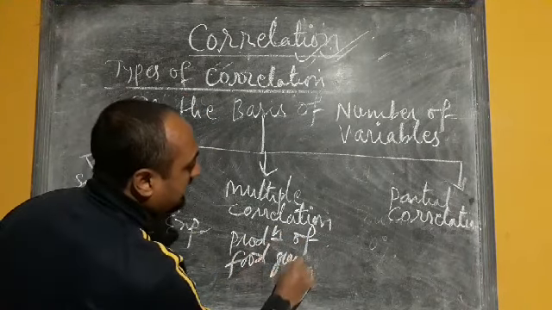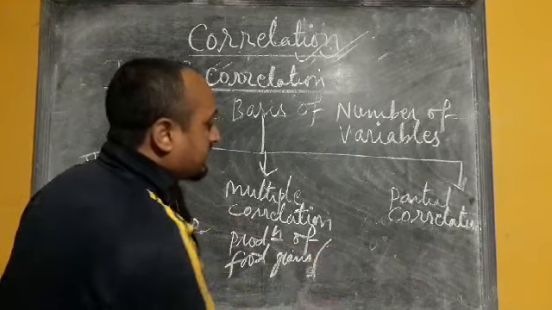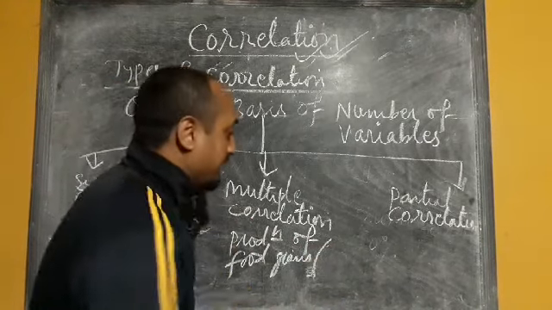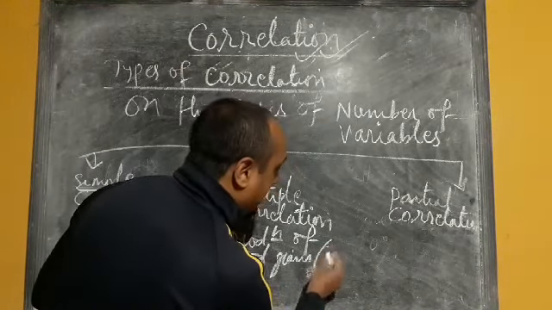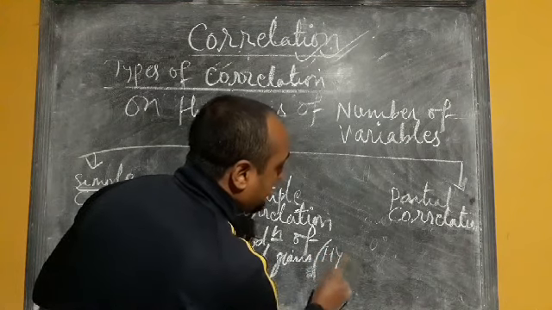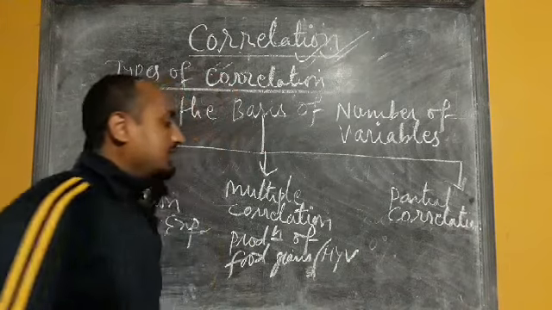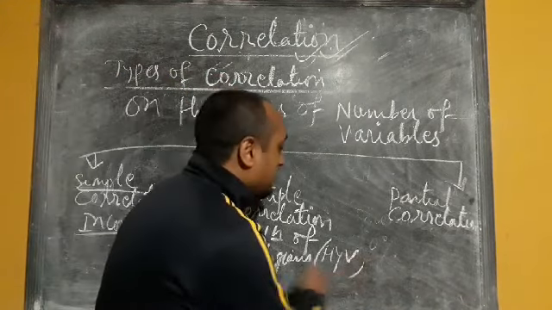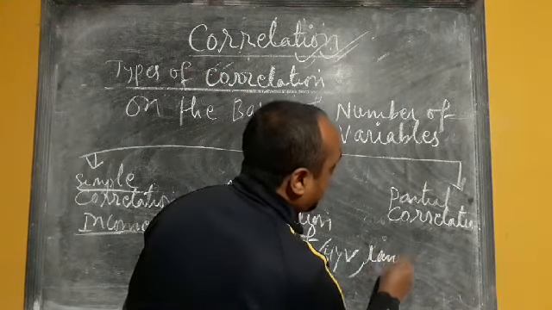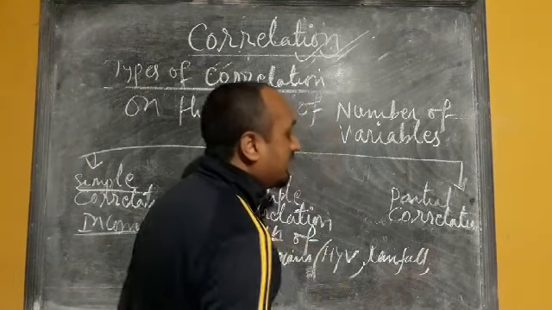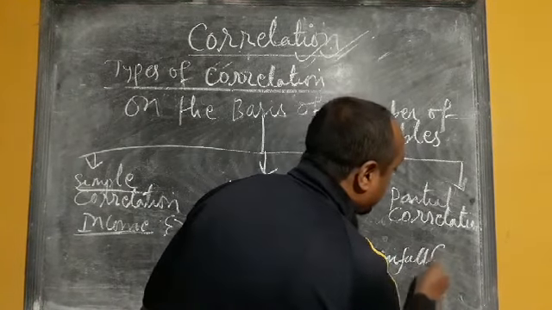Production of food grains depends on many variables. Number one, high yielding variety of seeds. Then next one we have rainfall. Next one we have fertilizers.